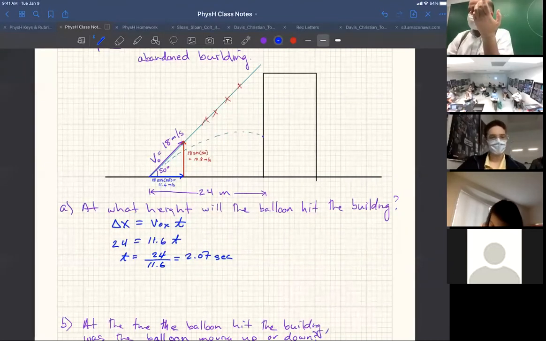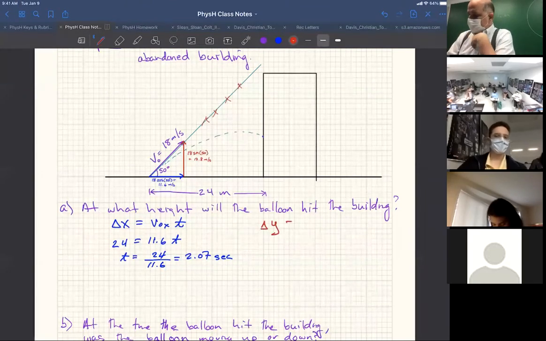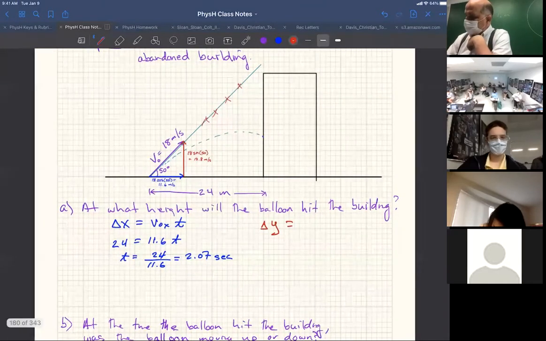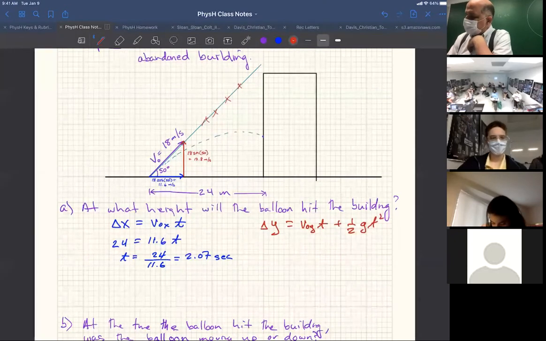Now all we have to do is figure out the height of the balloon when it hits the building. And we can just use delta y because 0 is the ground level. So delta y is v0y t plus 1/2 g t squared.